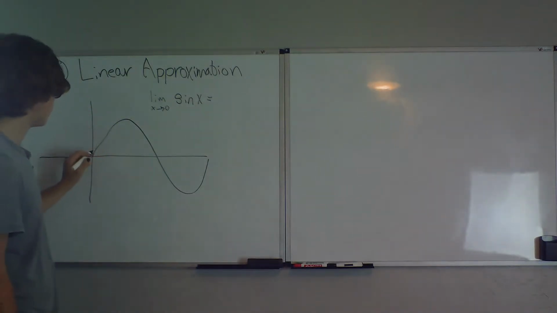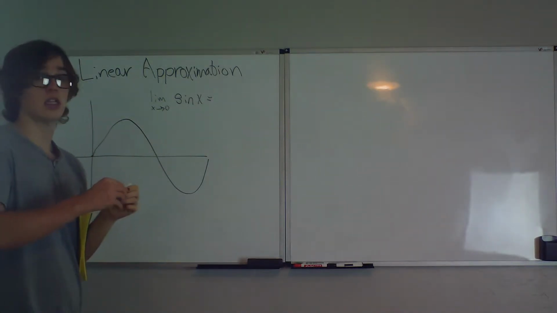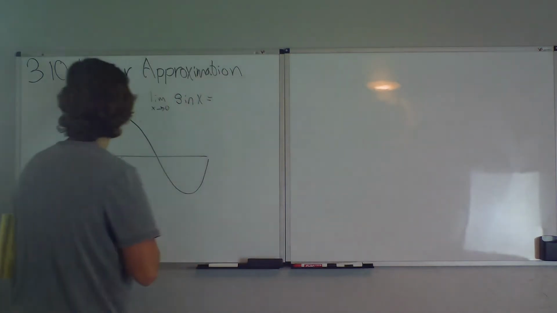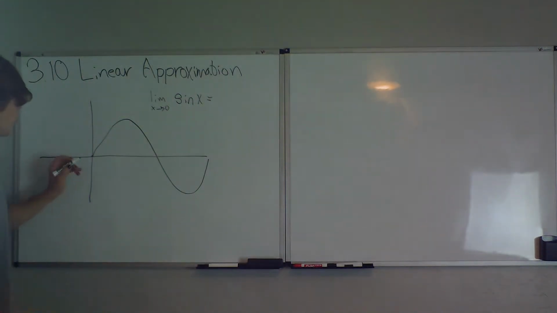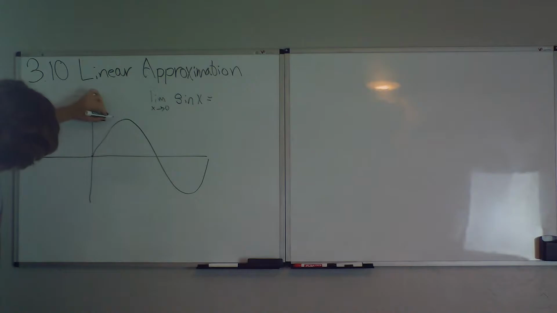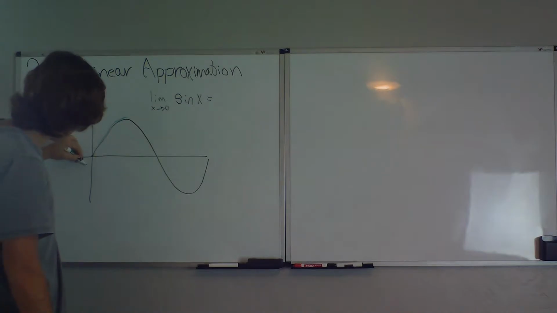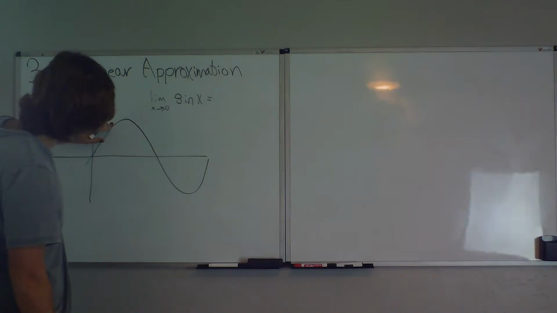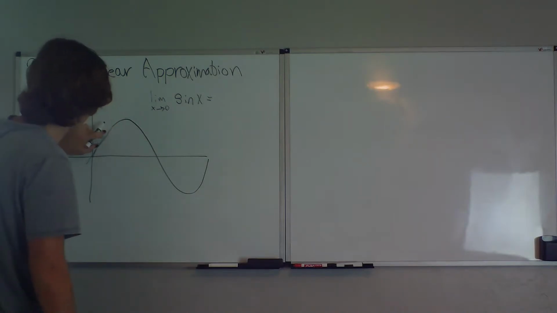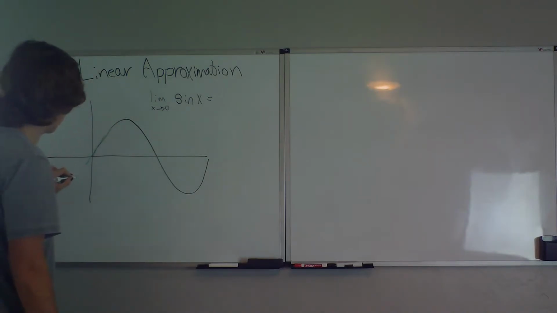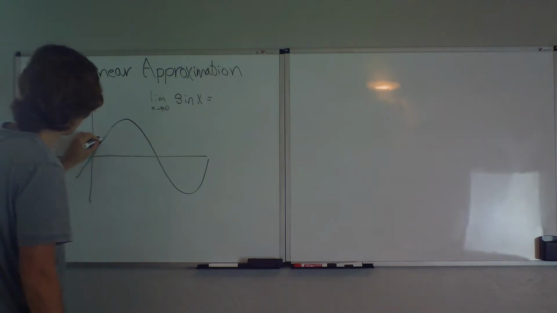If we grab a different color marker, we see, as it's coming in, it's following this, and as we get very close to the origin, it almost makes the y equals x line, our rise over run of one line.